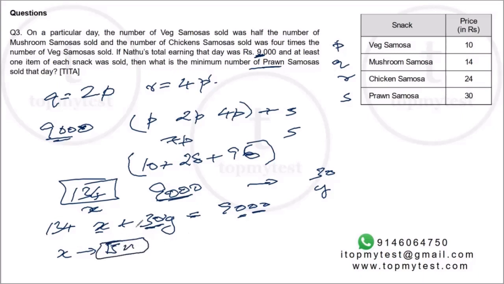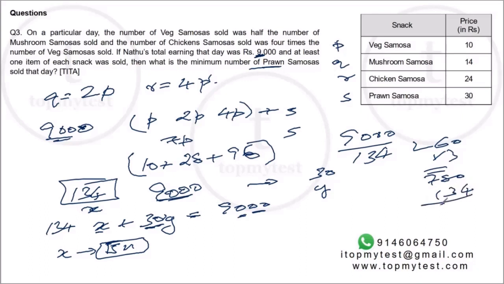Some multiple of 15. Okay, so let's try a reasonably large number. 9,000 divided by 134 into 2 is 260, into 3 will be 780, plus 1 more will give you about 91. So let's try this.